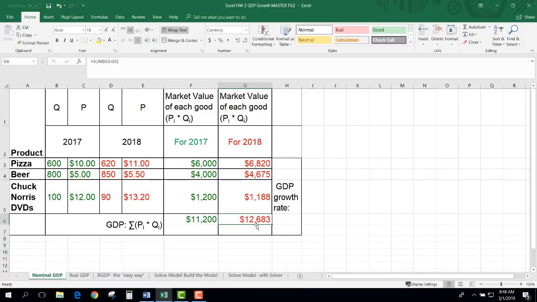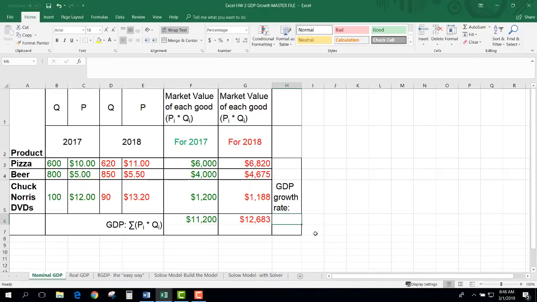I like to do the auto sum here. If you have a contiguous range of cells you want to add up, you just hit Alt equals. On a PC, on a Mac, I believe it's function shift equals, something like that. Okay, so we had 12,683 worth of total production in 2018.